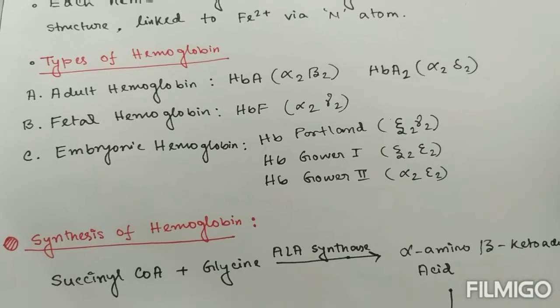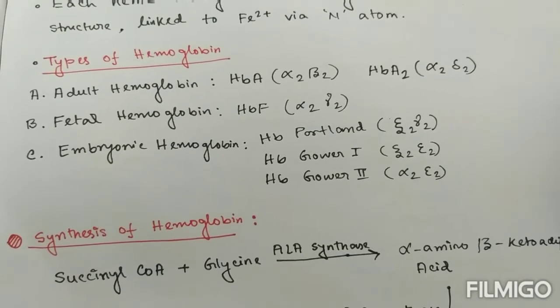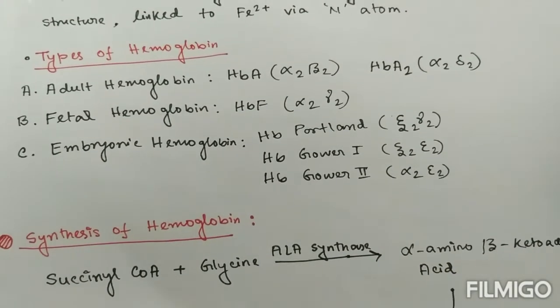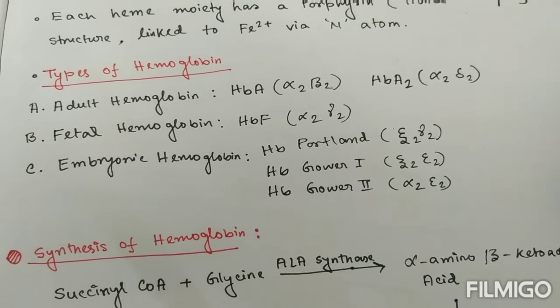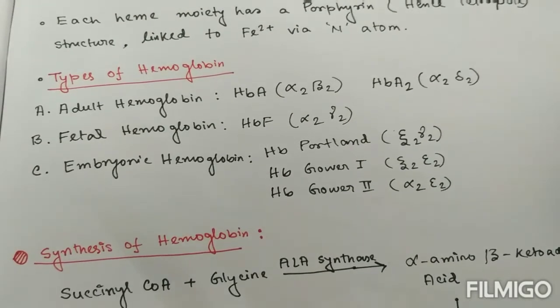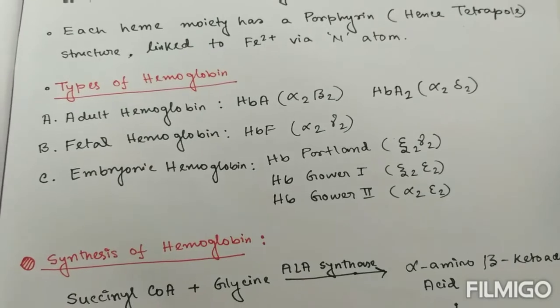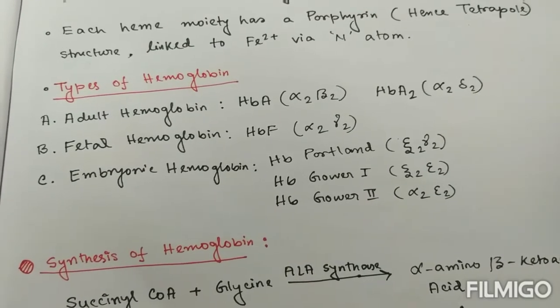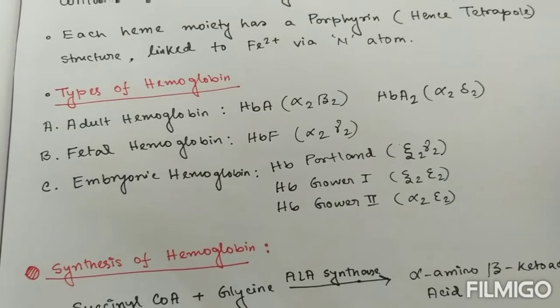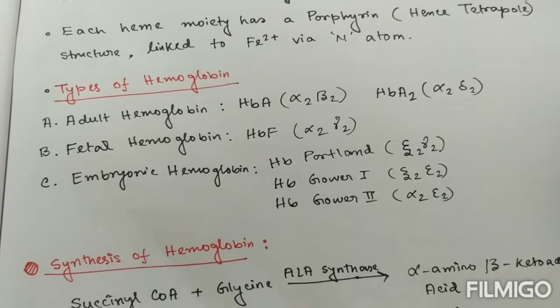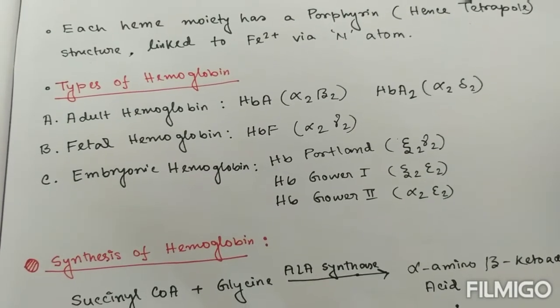Only the 4 globin chains vary in nature. In HbA there are alpha 2 and beta 2 globins, and in HbA2 there are alpha 2 and delta 2 globins. Another type of hemoglobin is fetal hemoglobin, commonly regarded as HbF, and it has alpha 2 gamma 2 globin chains.